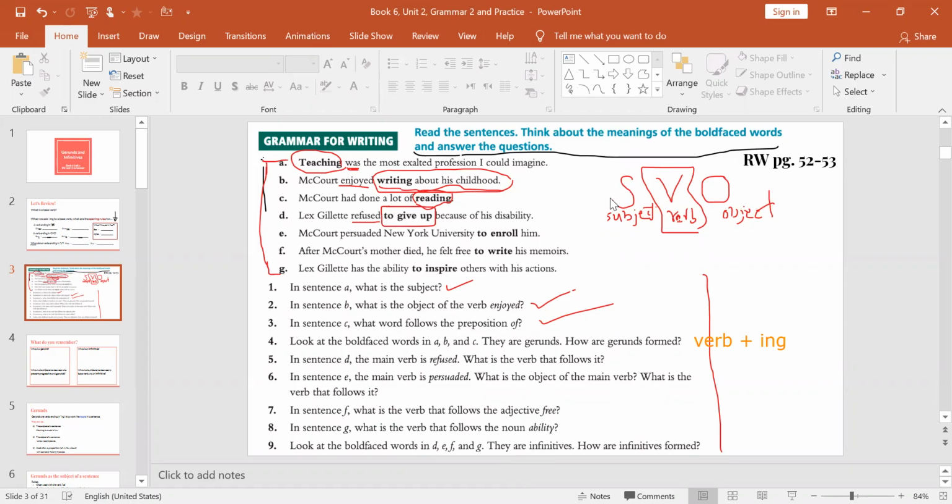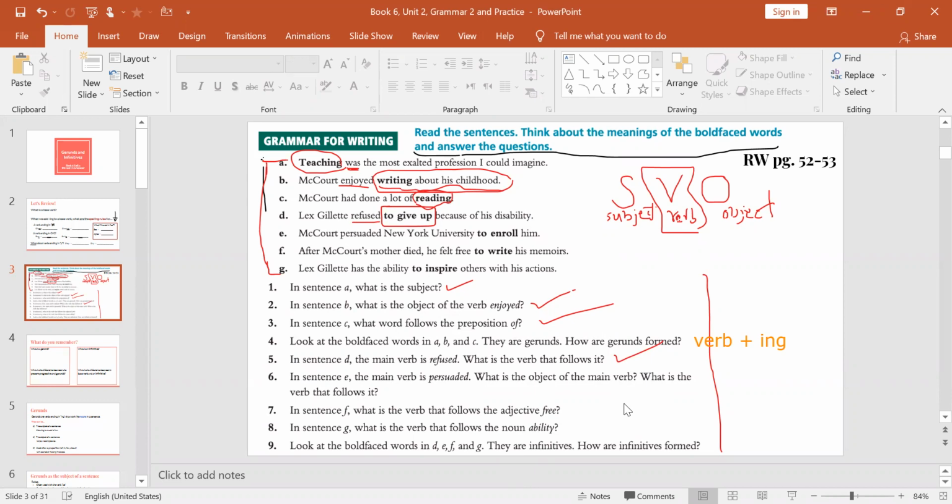Okay, so to give up will be the verb that follows it. So that is the compound verbal construction here, basically saying that there are two verbs being utilized in the sentence, and the second verb is to give up.